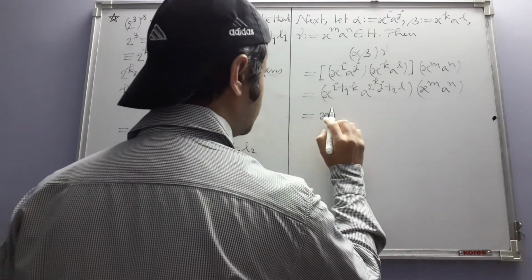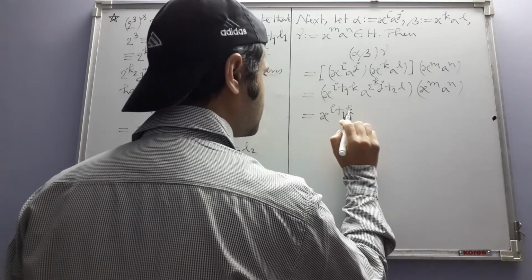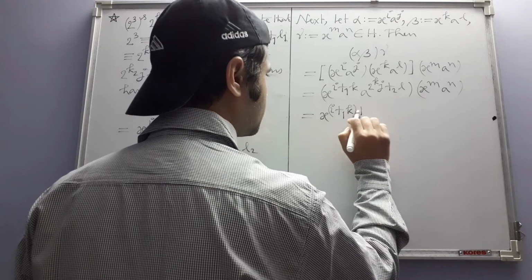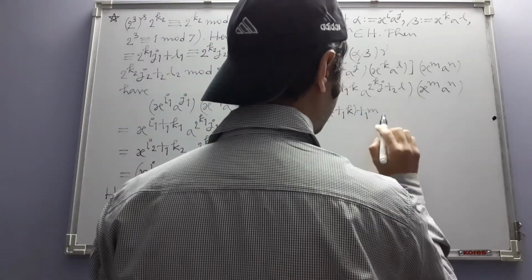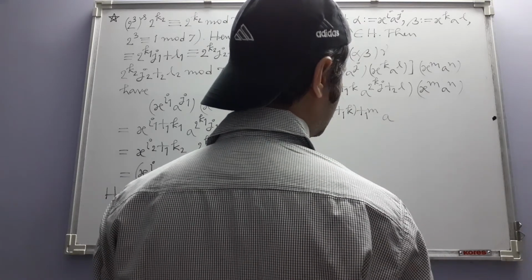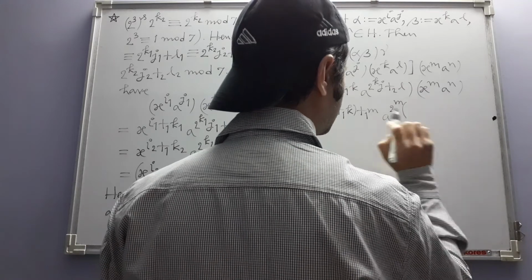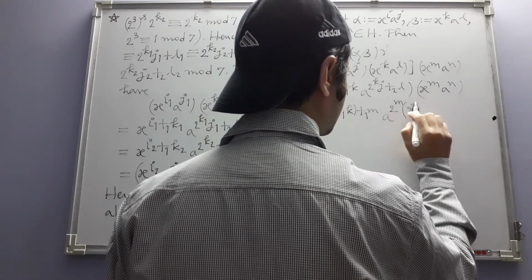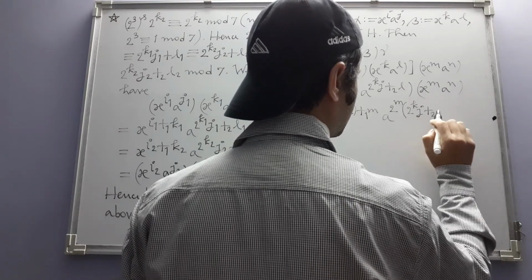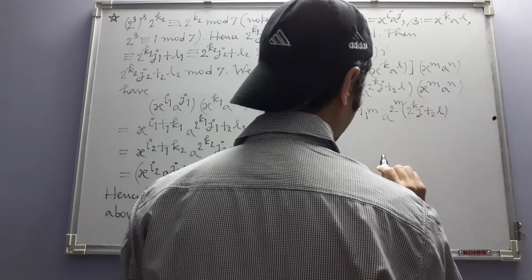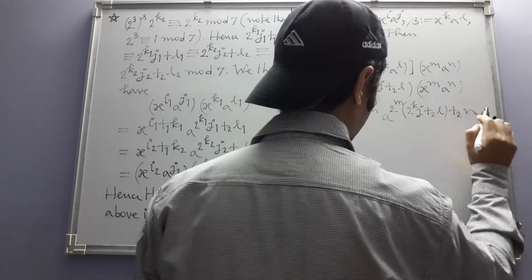Once more, if we do this, we get i plus k plus m, and then a, 2 to the power m times (2 to the power kj plus l) plus 2n.